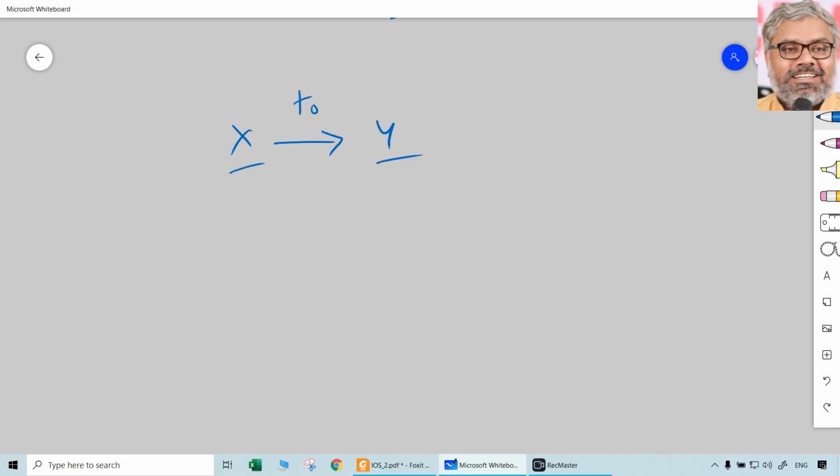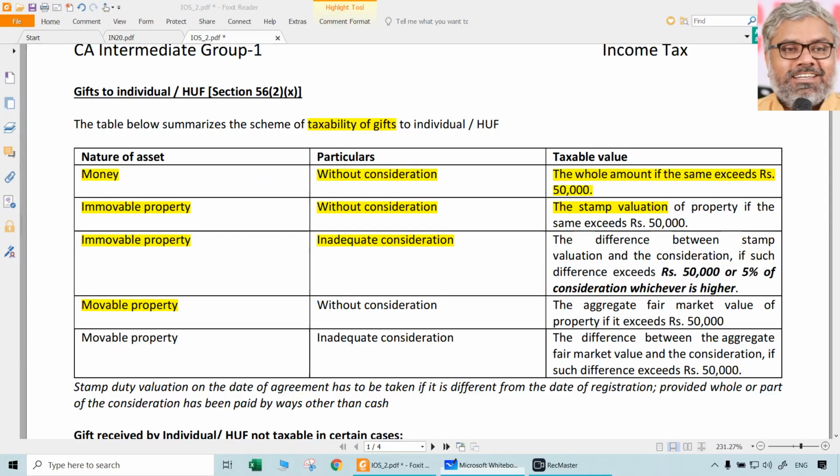The stamp duty value of the property is, let us say, 10 lakhs rupees. But the actual consideration for which X transferred this property to Y was only 7 lakhs rupees. This is the fact of the case. Actual consideration is 7 lakhs rupees, stamp duty value is 10 lakhs rupees.